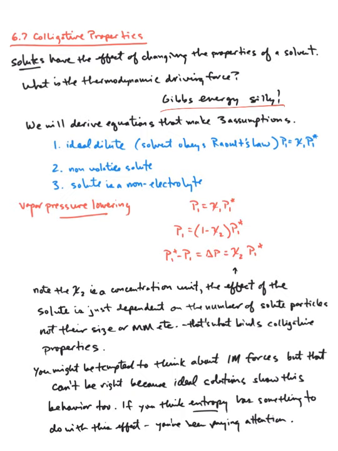Well, we're going to end up deriving some equations that make three assumptions. The first one is that the solutions we're going to talk about are, quote, ideal dilute. Those are the ones that may not be ideal at all concentrations, but they're going to be ideal dilute in the range that we're talking about.